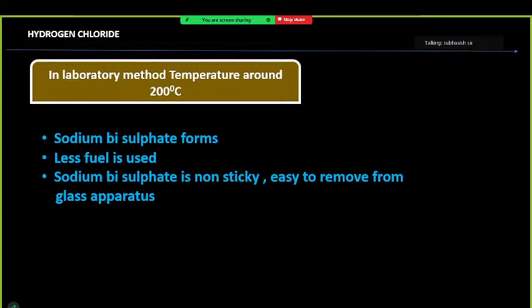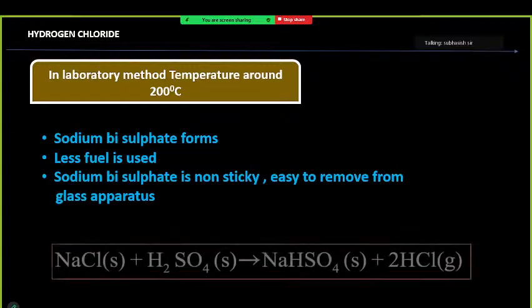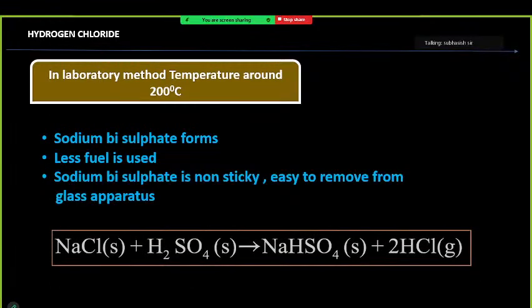After the reaction is over, you have to wash the glass apparatus used for the preparation of HCl. That's why the temperature is maintained around 200 degrees Celsius.